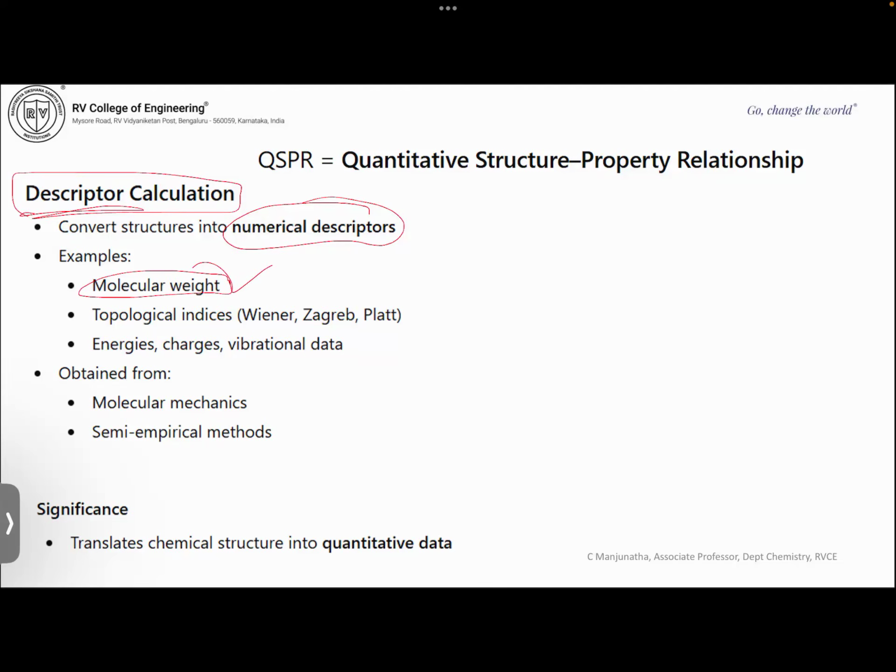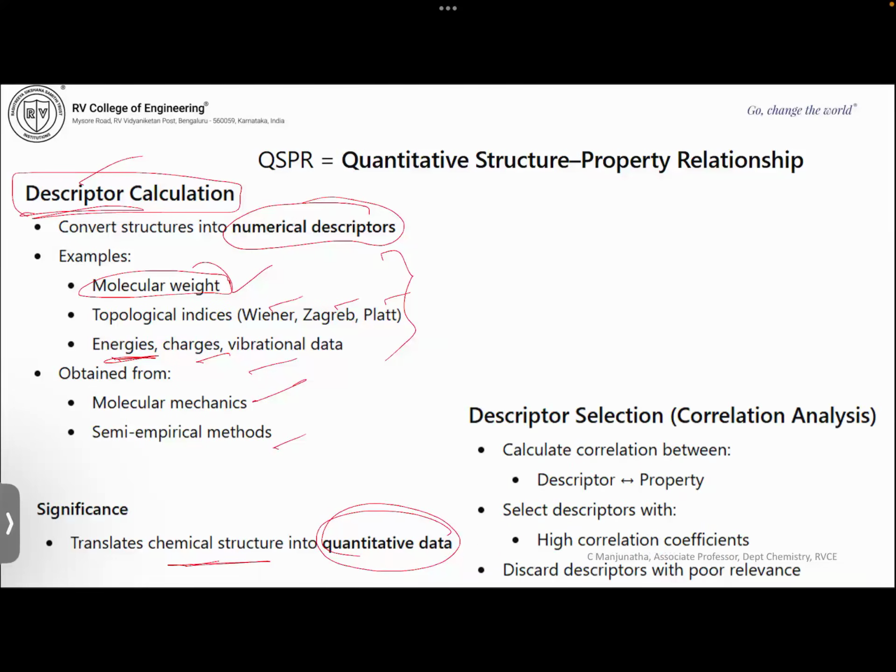And topological indices like Wiener, Zagreb, and Platt that we have discussed in our previous recording. Then energies, charge, vibrational data, all those data are represented as descriptors at this stage. These are all obtained from molecular mechanics and semi-empirical methods. The significance of this is that it translates the chemical structures into mathematical numbers, like quantitative data.